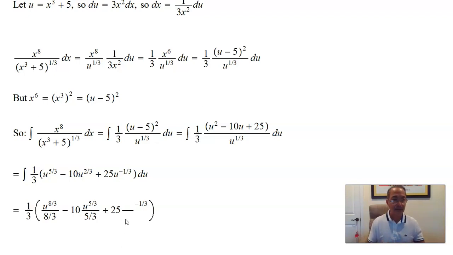Finally, u to the minus 1/3, add 1. That's going to be positive 2/3. So we get u to the positive 2/3 divided by 2/3. Cool, so plus C, if you want to put it on right now.